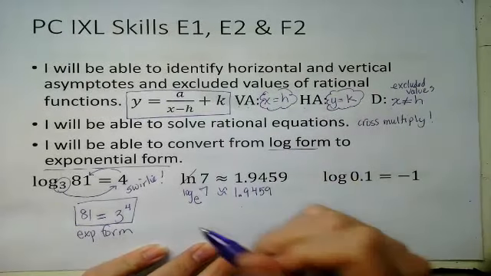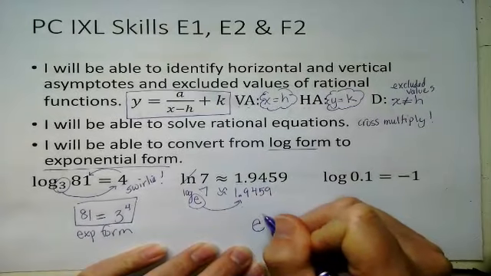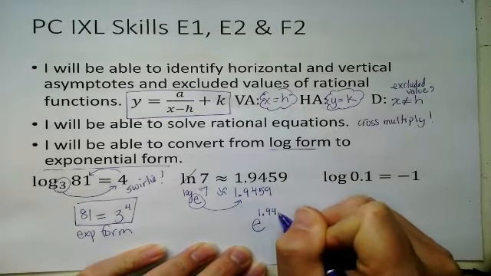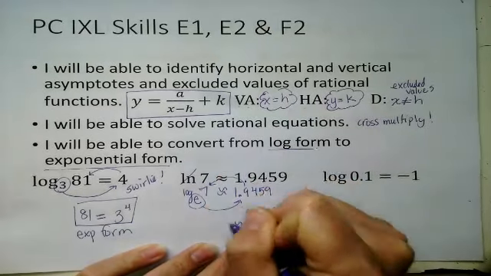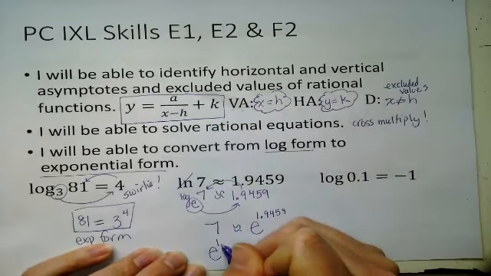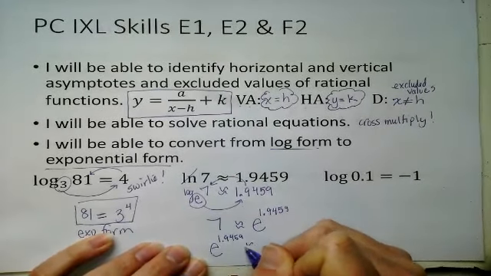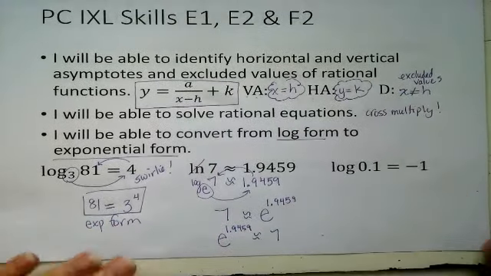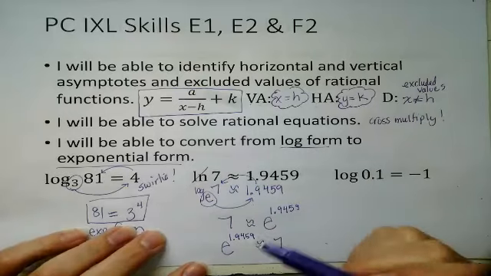And if we want to convert to exponential form, then we would say that e to the power 1.9459 is approximately equal to 7. And however you write that, if it shows up in IXL, e to the 1.9459 is approximately equal to 7. So it might be reversed. Just write it down and rearrange if necessary.